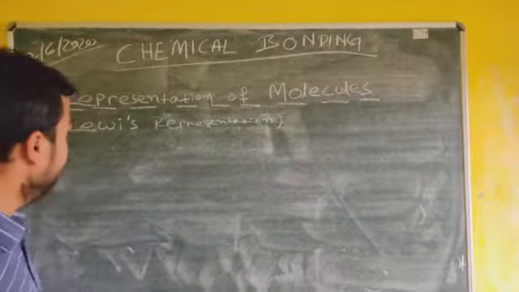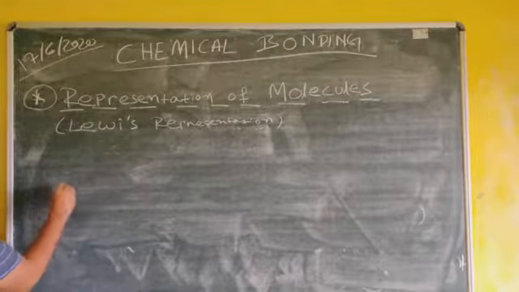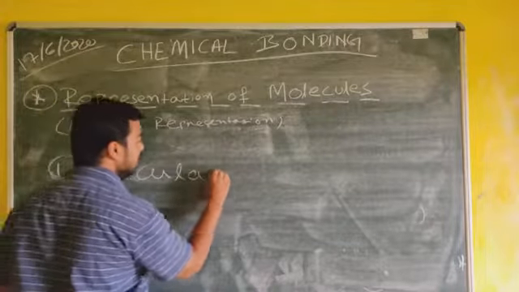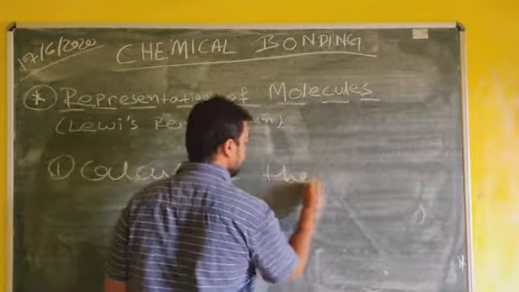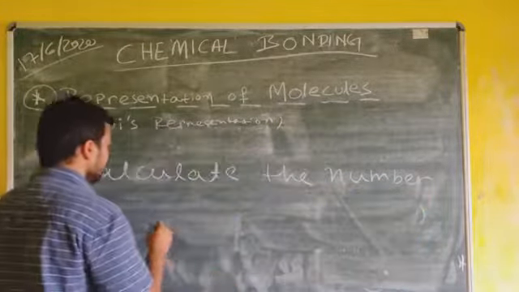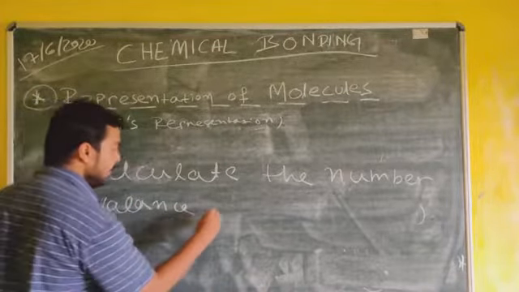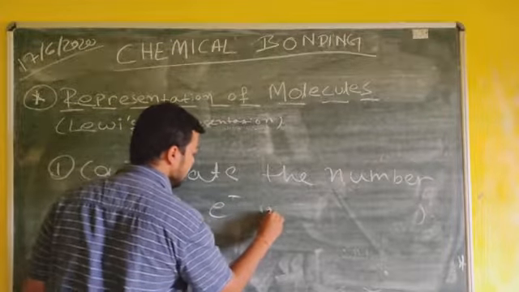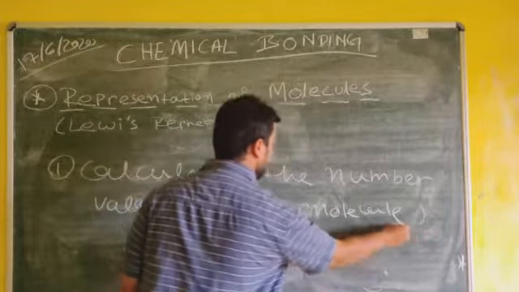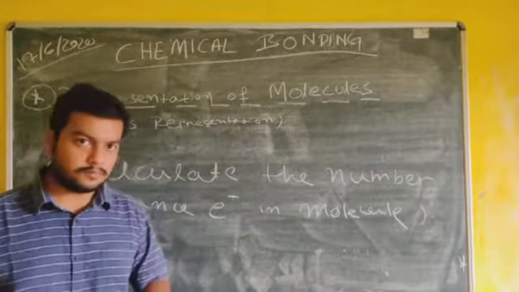So the first step in writing the Lewis representation or representation of molecule is to calculate the number of valence electrons in the molecule.